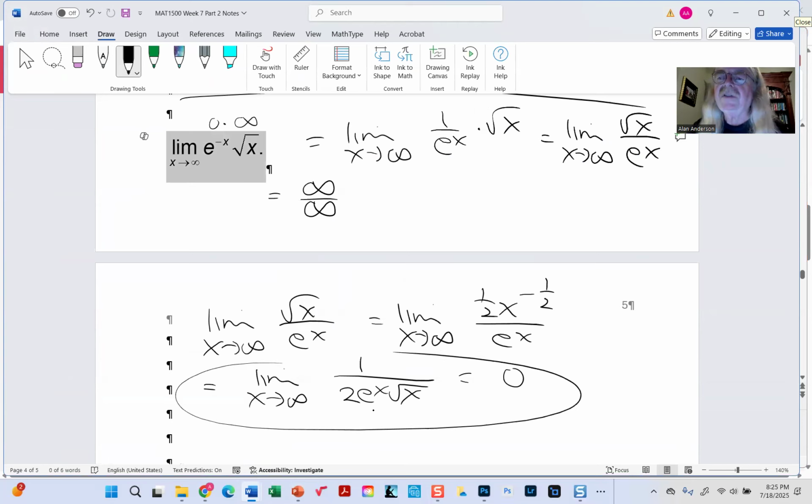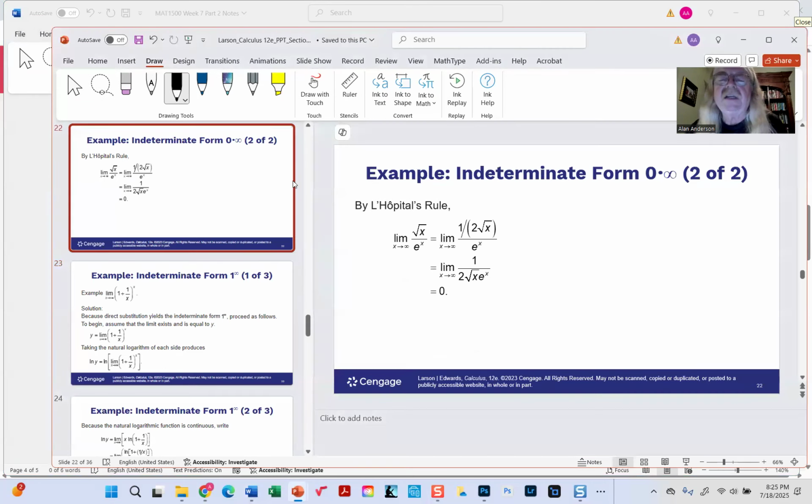And again, we can graph this just to see what it looks like. Radical x over e to the x. Let's take a look at that.